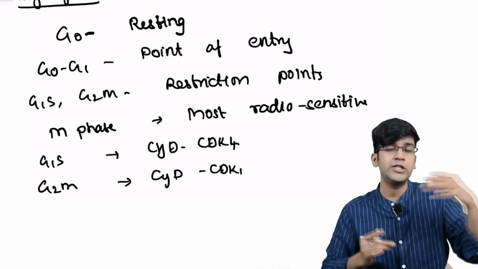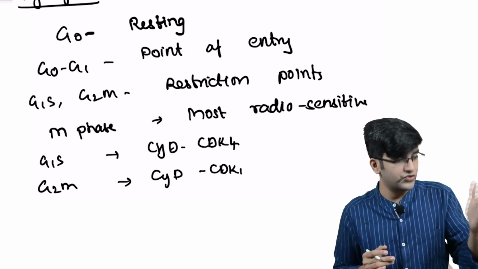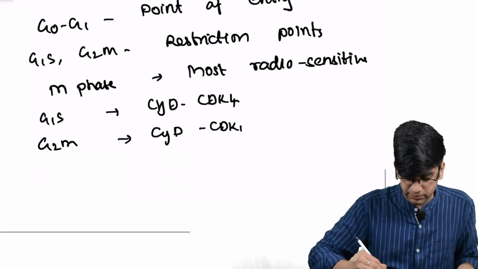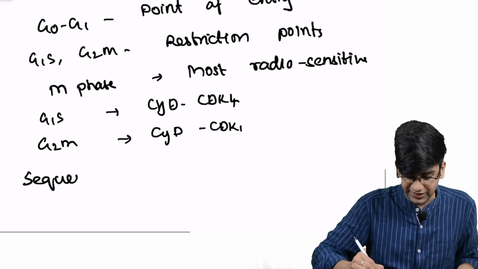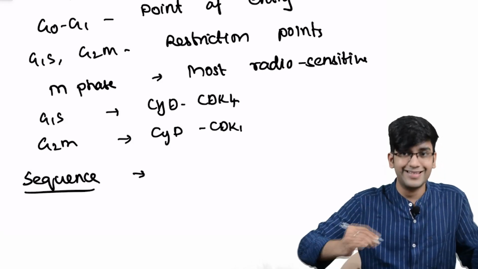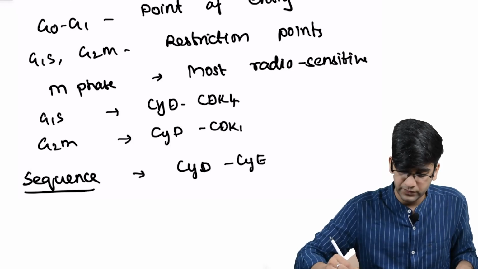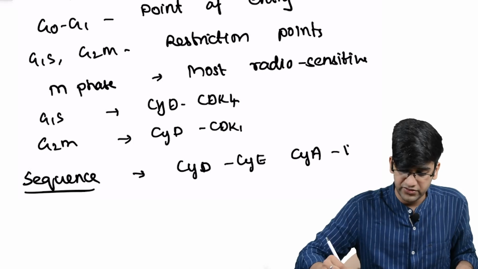And obviously you know the sequence of cyclins: cyclin D, cyclin E, cyclin A, cyclin B. This was asked in the previous AIIMS exam.